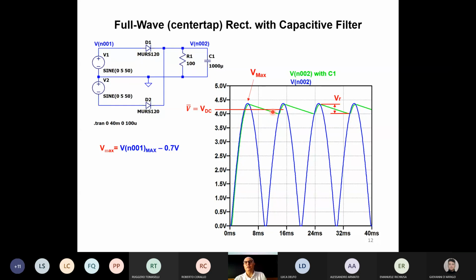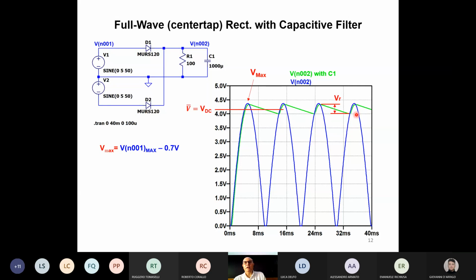The output voltage is the green line. Here again, we can consider an average output voltage, which is called the VDC, or V with top line. That's the average. And we mean as a V ripple the peak-to-peak amplitude of the green line.